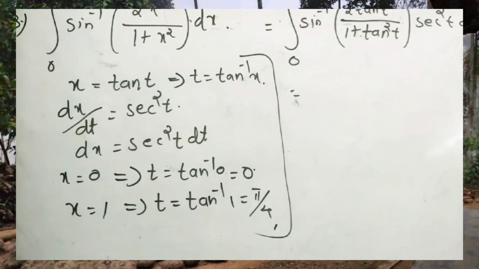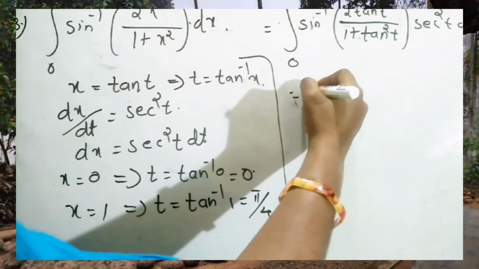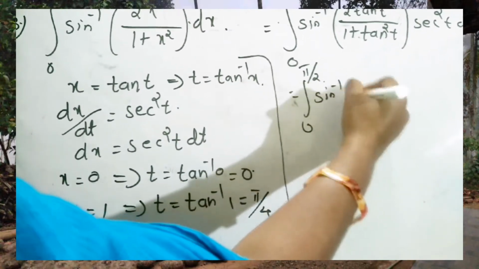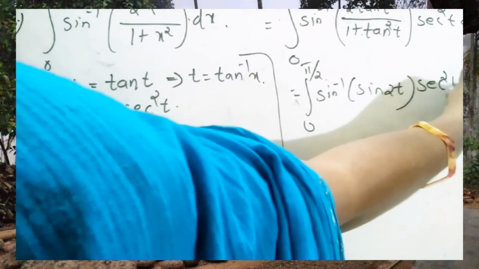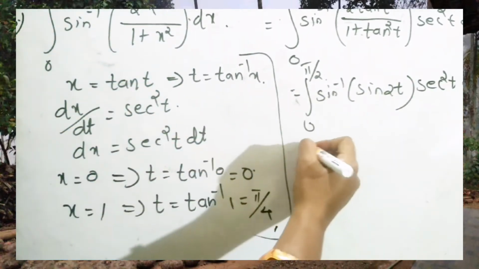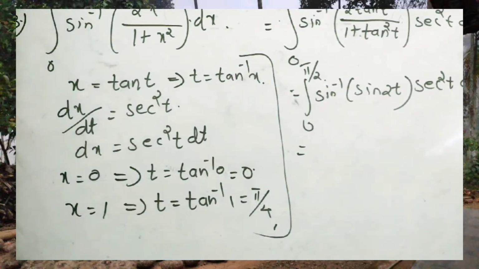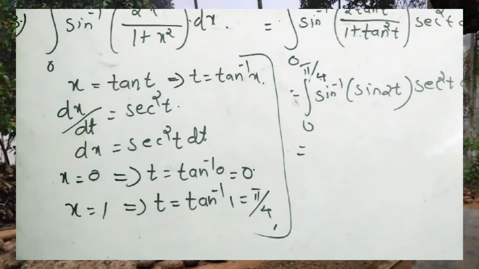So we are going to apply that here. This is equal to integral 0 to pi by 4 sine inverse of sine 2t into sec square t dt. 2 tan t divided by 1 plus tan square t, that is our sine 2t.